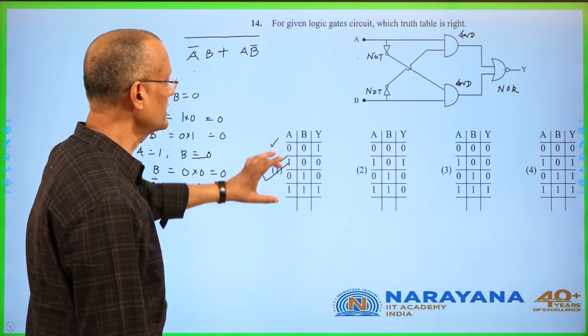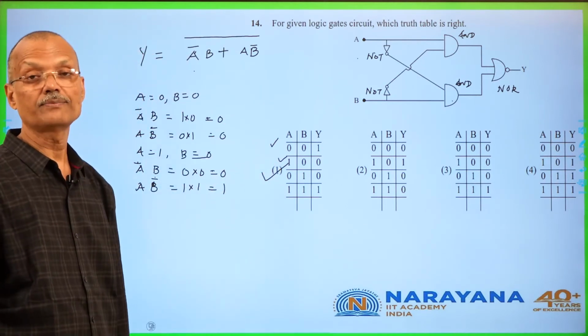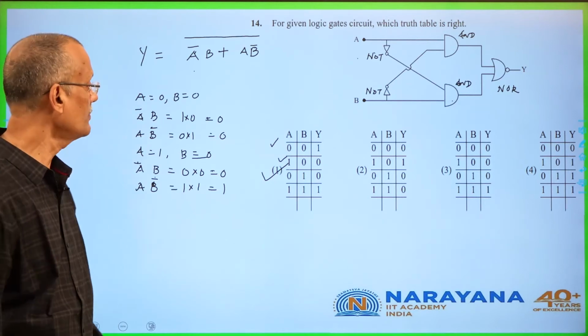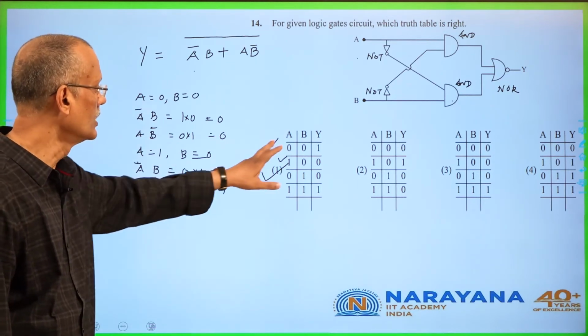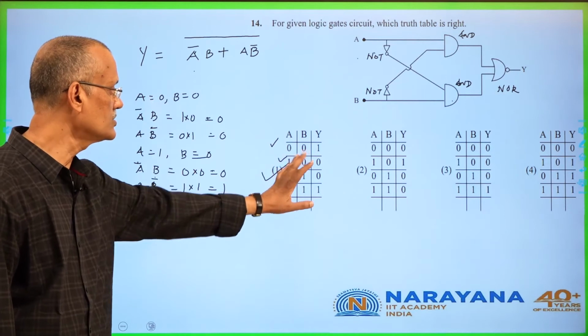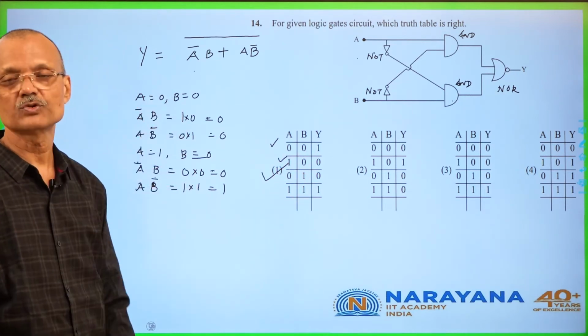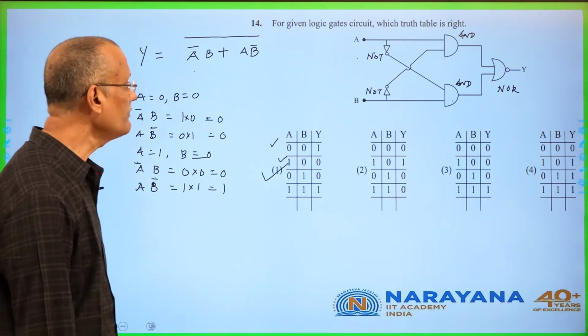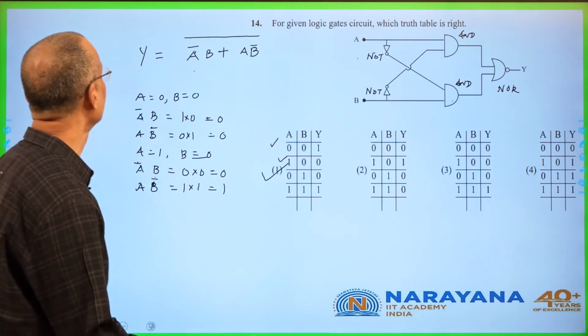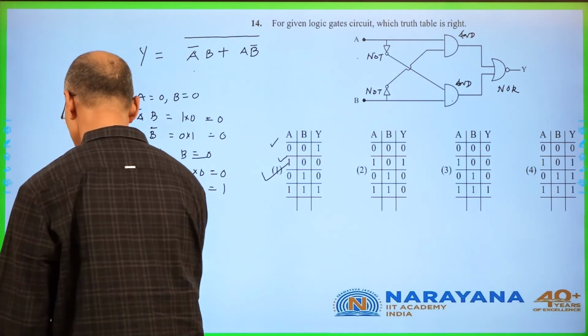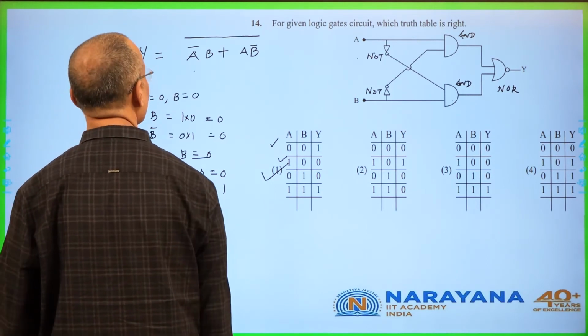Every time, whatever truth table they have given you, you'll have to substitute the values and check for only 4: 0 0, 1 0, 0 1, 1 1. For 2 I have shown you here. So the key for this is 1. Let us move now to the next question.